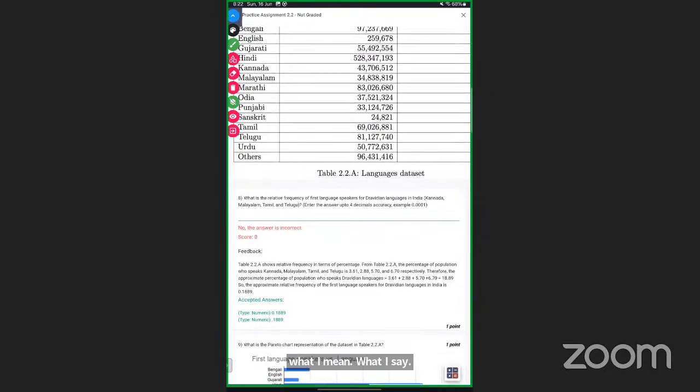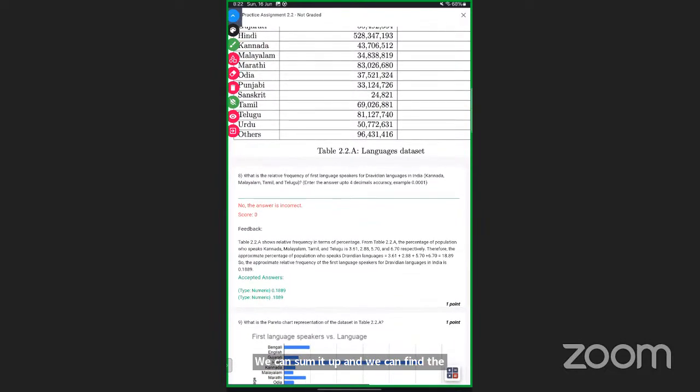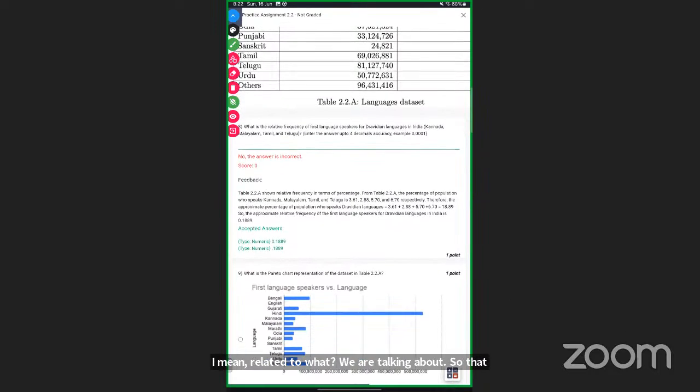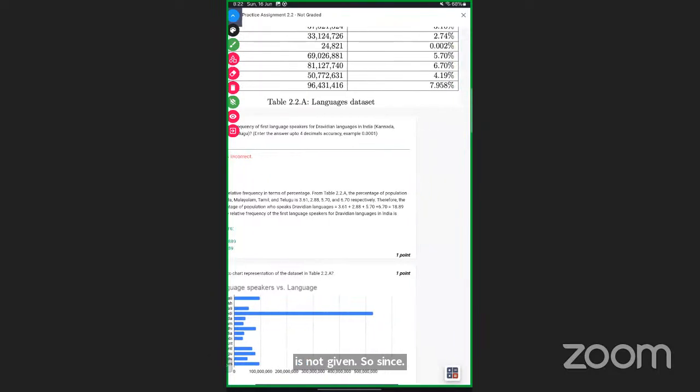The real question should be, what is the sum of relative frequency of first language speakers? Otherwise we need to know relative to what they are talking about, and that is not given. So the only case is to add them up and find the answer.